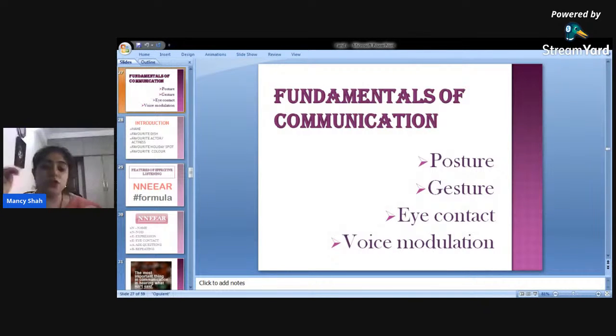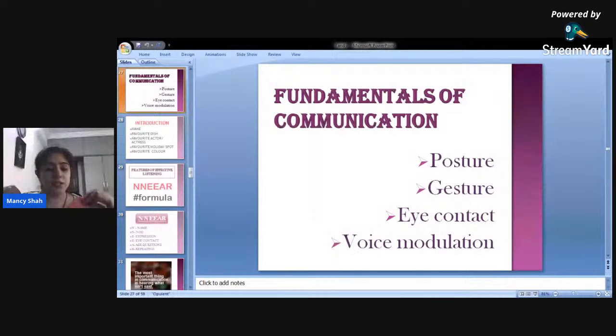See, posture, gesture, and eye contact will play an important role when you are face to face with that person. Okay, all these things will be noted at that time, right from the way you sit, stand, walk, your posture. Keep it straight, keep your shoulders straight, no drooping shoulders.